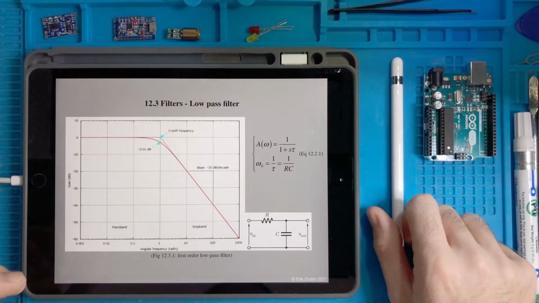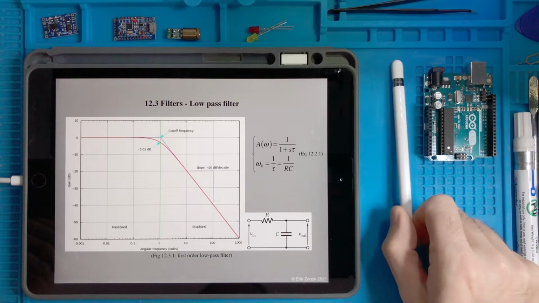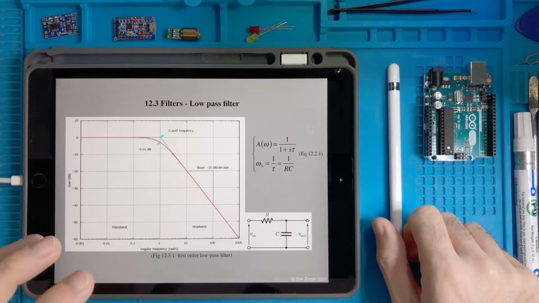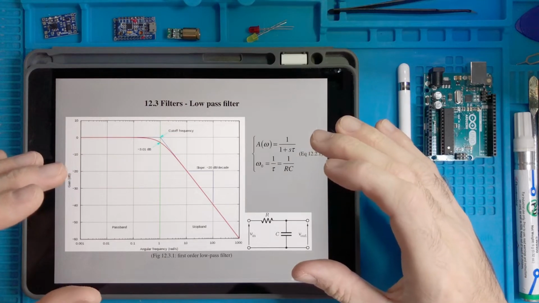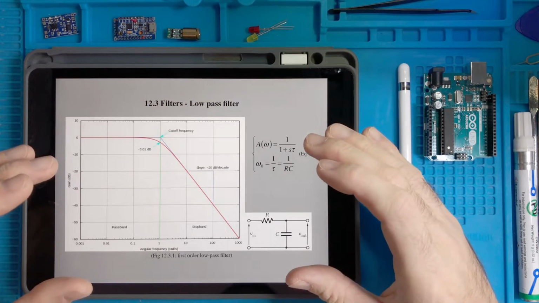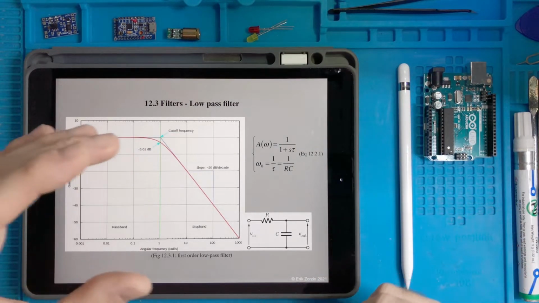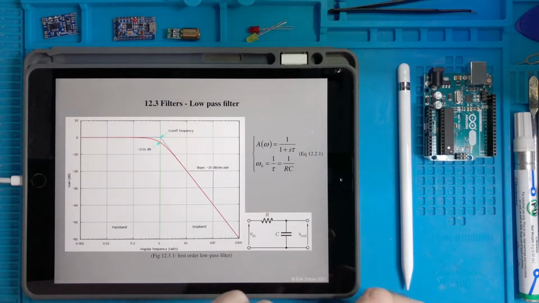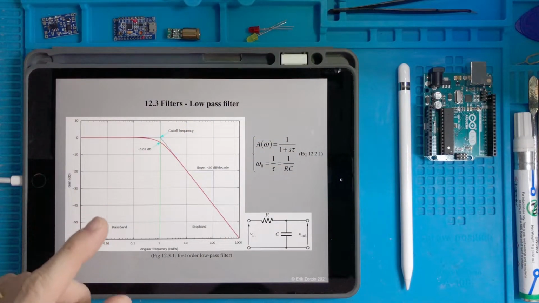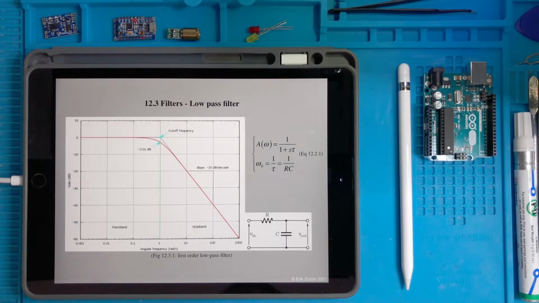So now, with this idea in mind, we study circuits that have an input and an output, and will make some frequencies pass from the input to the output, but some others will not pass. So what does it mean?